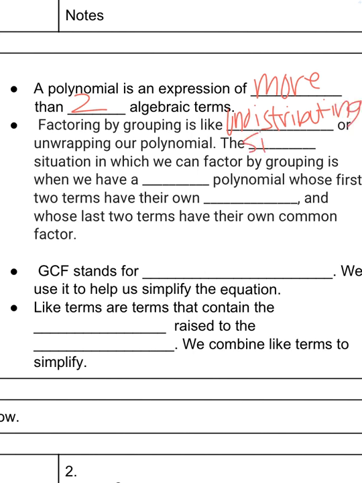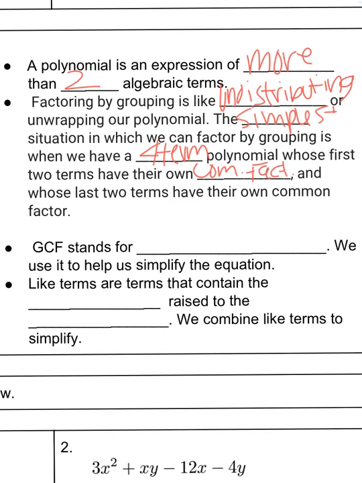The simplest situation in which we can factor by grouping is when we have a four-term polynomial whose first two terms have their own common factor and whose last two terms have their own common factor.